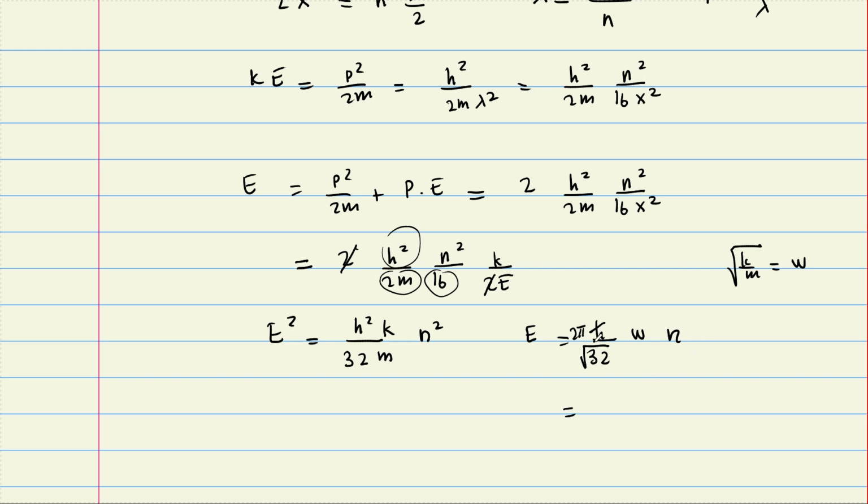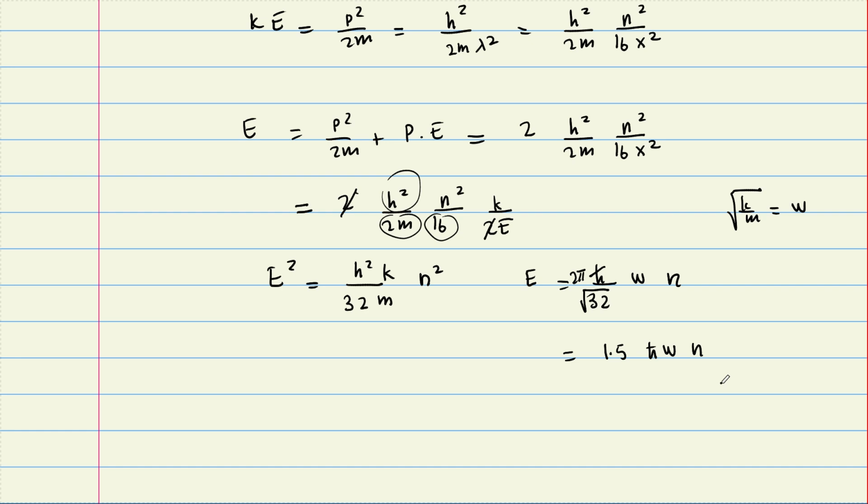So at the end, this factor I calculated, 2 pi root 2, is something like 1.5, which actually doesn't matter, times h bar omega times n. And this actually happens to be not too far from the exact solution, right?